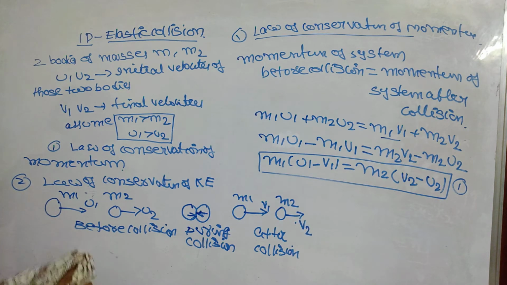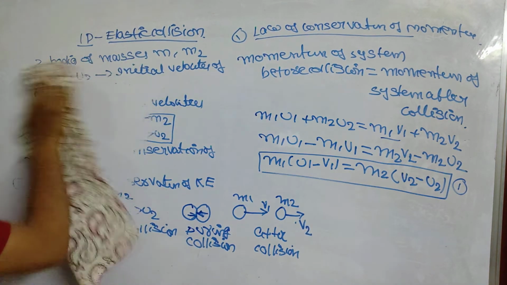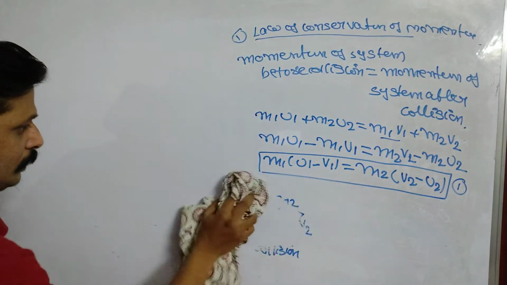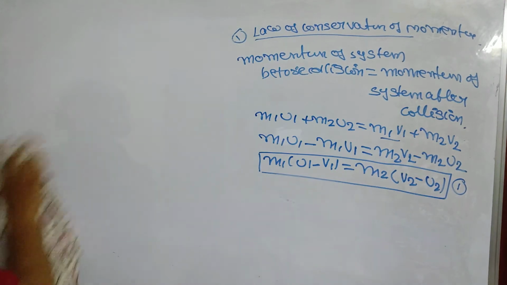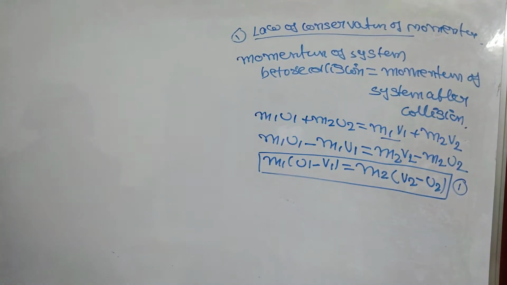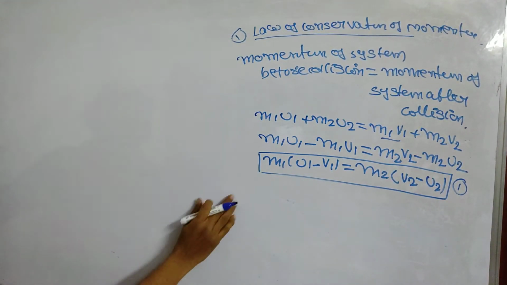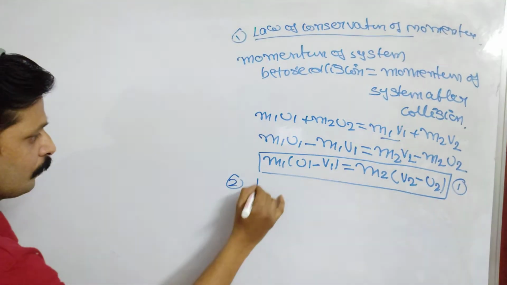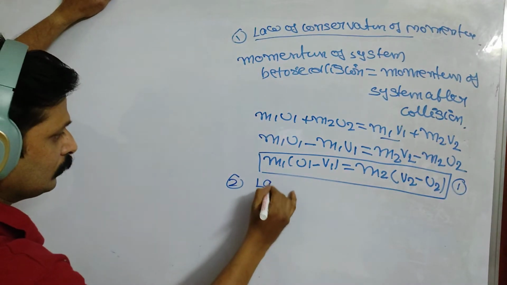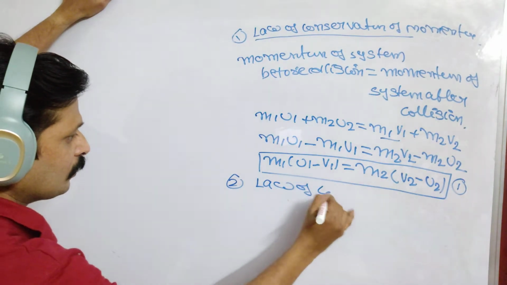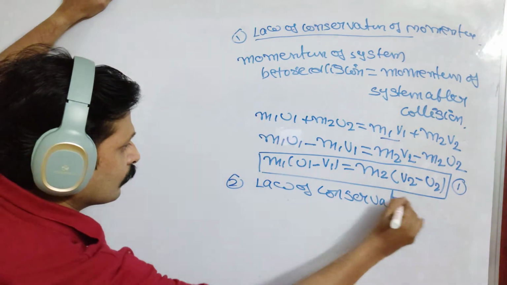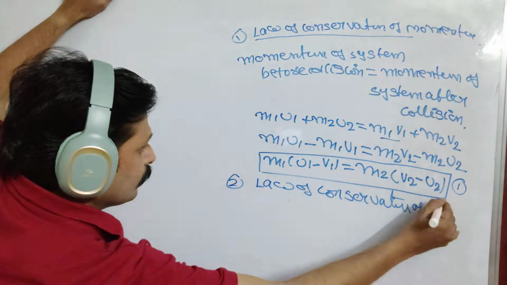That one you are verifying. I clean this part. I will take that derivation now from the diagram. Now here I will conclude some more steps. The second one is the law of conservation of kinetic energy.